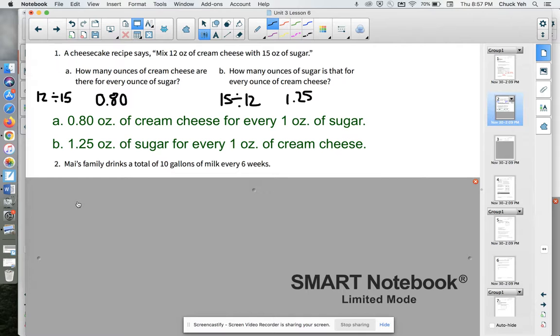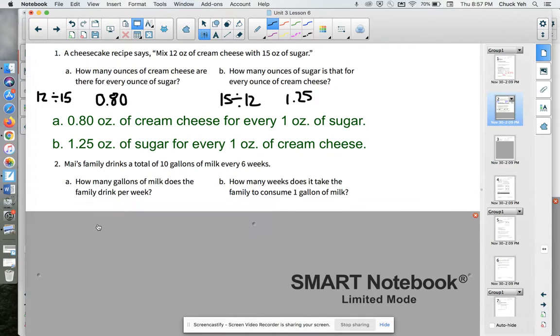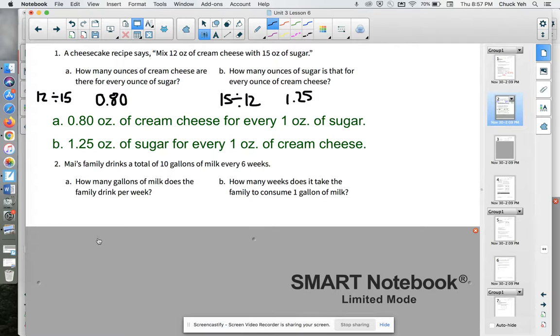Number 2, my family drinks a total of 10 gallons of milk every 6 weeks. How many gallons of milk does the family drink per week? All right. So what do you think? How many gallons of milk drink per week? 10 divided by 6.